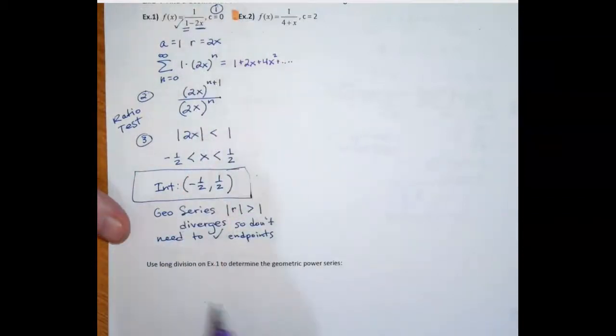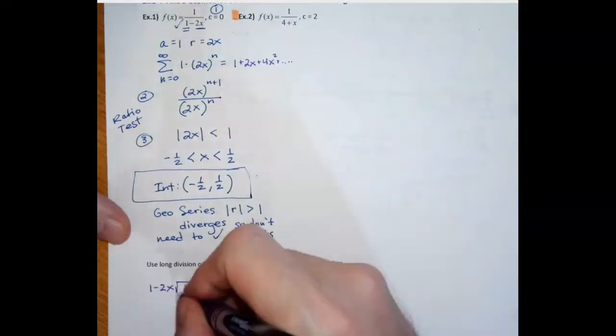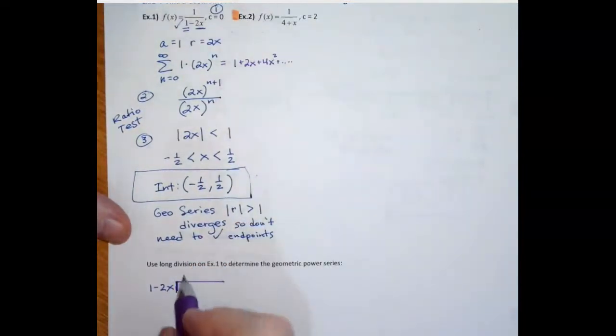So if we do long division on this, that's going to be a 1, and this is going to be 1 minus, so we have 1 divided by 1 minus 2x. So we can do long division there. So if we want to get rid of this, we're going to multiply by 1, so that would be 1 minus 2x, and then long division, we subtract, so those are going to cancel, and we're going to have 2x here. Now we want to cancel that with this, so we're going to multiply by 2x, that's going to give us 2x here, and minus 4x squared.